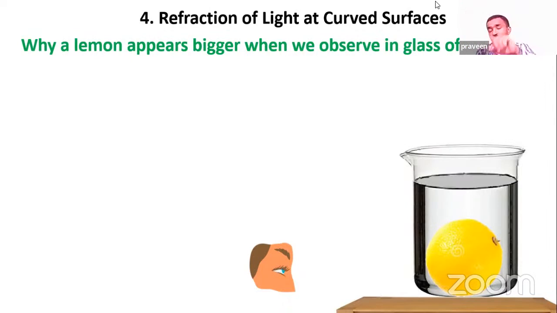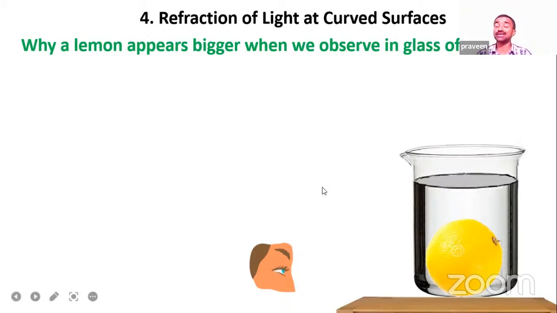In the empty glass, I observed the size of the lemon, then poured water into the beaker with the lemon. What happened? The size is enlarged, big in size, as observed by us. This I am able to explain with the help of a ray diagram.